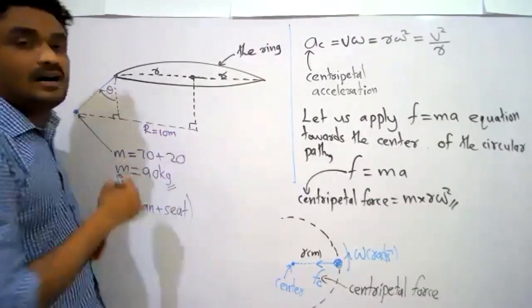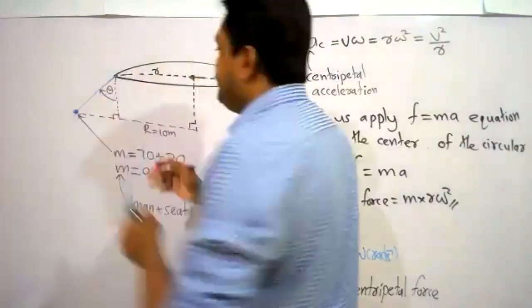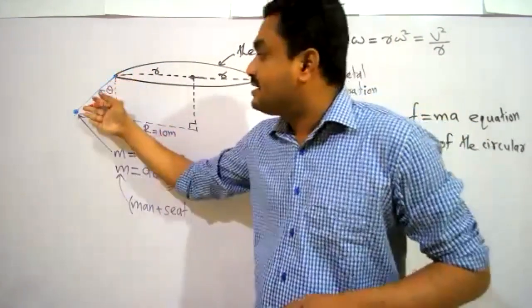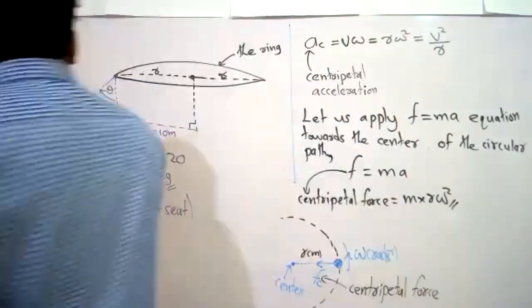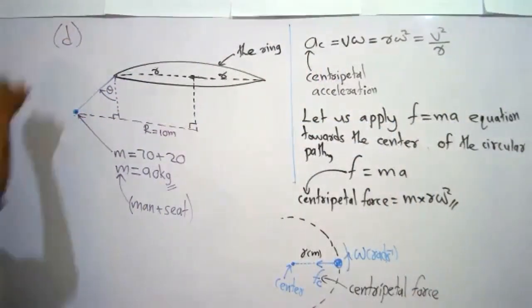Draw the figure. There are 10 such seats, 10 such men. Draw this. This is the figure that we want for this equation.